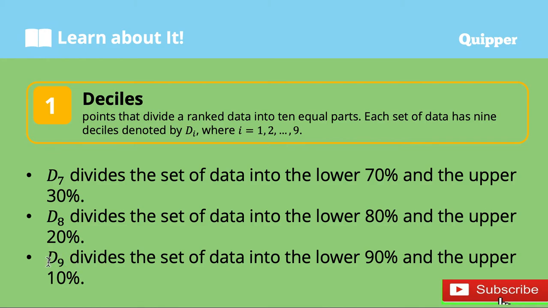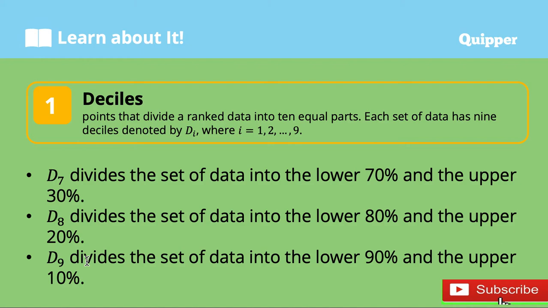Ninth decile divides the set of data into the lower 90% and the upper 10%. If your score is in the ninth decile, it means that you are ahead of the 90% of the population, but 10% of the population are ahead of you.